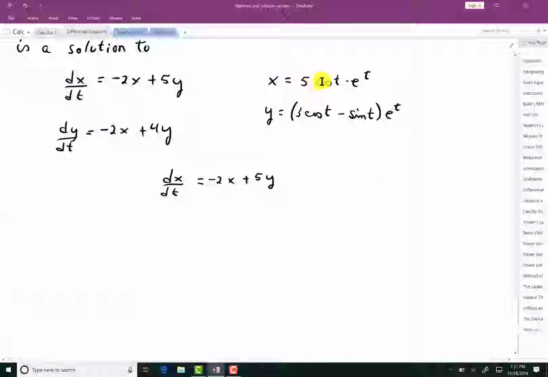When I take the derivative of cosine, I'll get negative sine, so I get negative 5 sine of t times e to the t, and then the second part is the derivative of e to the t, and that's nothing. So I get 5, well, it isn't nothing, it's just itself. And then on the other side, I'm supposed to have negative 2 times x. X is 5 cosine of t times e to the t, and then plus 5y.